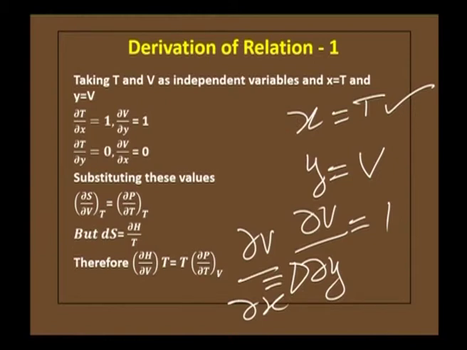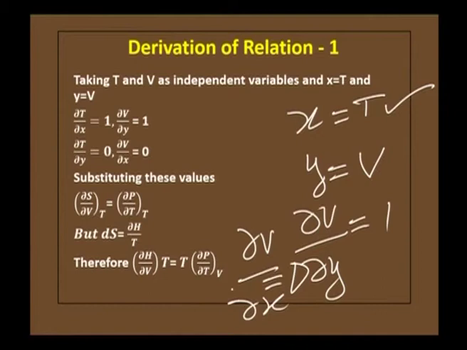So, substituting all these values, we get ∂S/∂V is equal to ∂P/∂T, but since dS is equal to ∂H/∂T and ∂H/∂V into T is equal to T into ∂P/∂T, this is the relation 1.